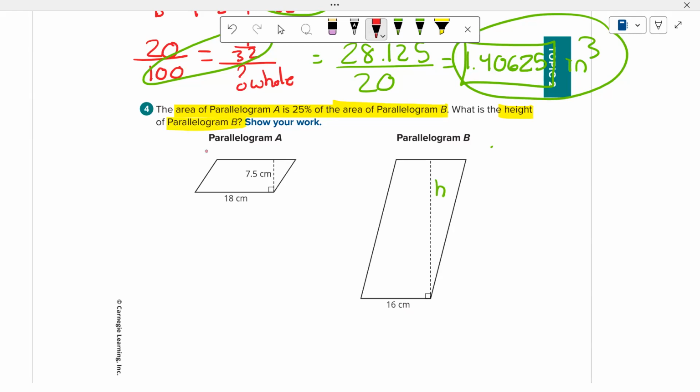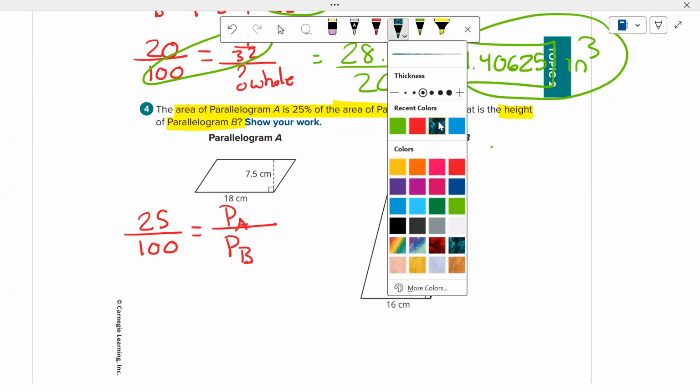All right, so what do we know? We know 25% of 100 is equal to the area of parallelogram A. And 100% is equal to parallelogram B. So we have to figure out the area of parallelogram A.